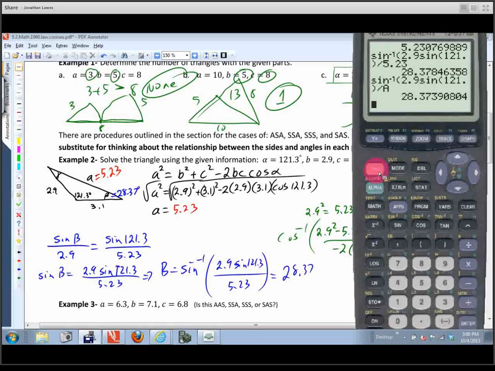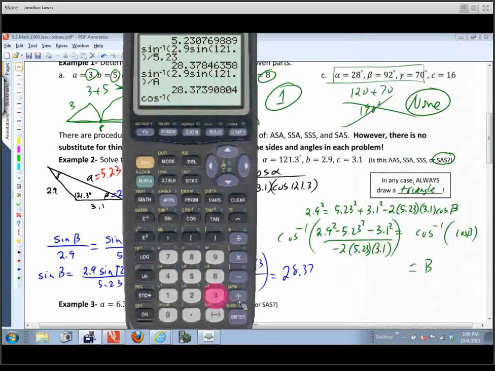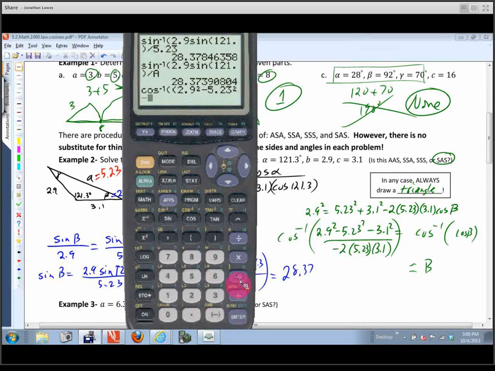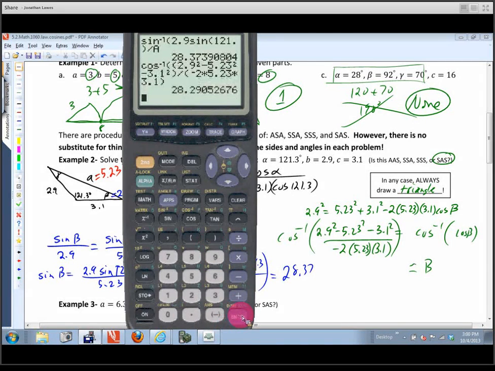So I'm going to do a cosine inverse of, and then I need to make sure that I do the entire top divided by the entire bottom. So I'll start a set of parentheses, and here's what I've got. 2.9 squared minus 5.23 squared, and again I could use that stored answer that I had up above. Okay, there's the entire top, and then I'm going to divide that by the entire bottom. So we'll do negative 2 times 5.23 times 3.1. And if we did this right, well, there we go.